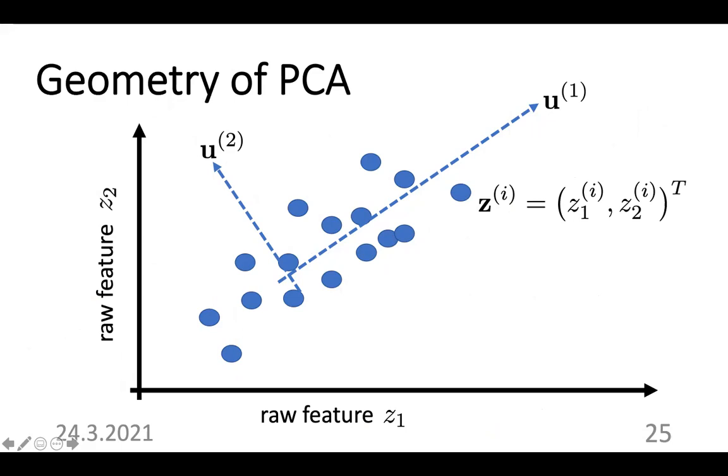So there's one direction, the first eigenvector, the top eigenvector of the sample covariance matrix. And this top eigenvector is in the direction of the maximal variation. So the data points spread out the most in this direction. And the second eigenvector is then the direction in which they spread the least.